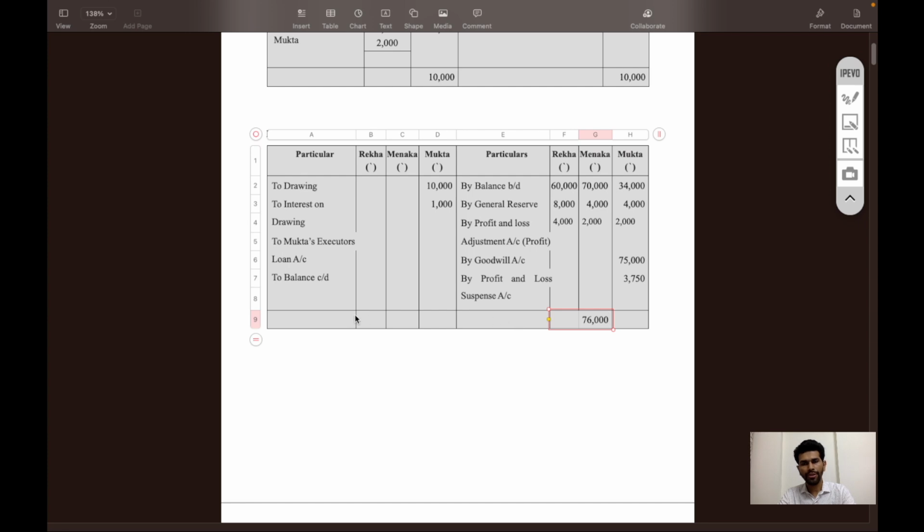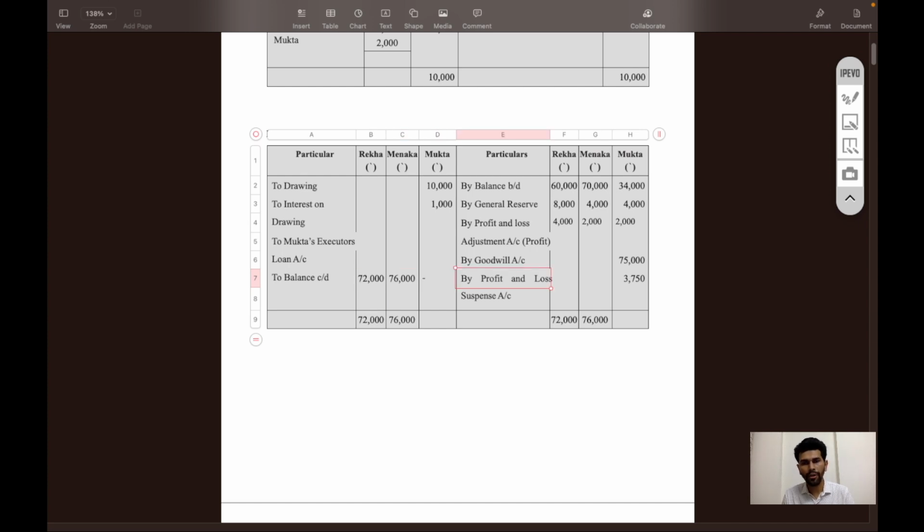Both the amount will be shifted to debit side, 72,000 rupees and 76,000 rupees. Balancing figure will be by balance carried down. It is the closing balance because continuing partners will continue business in future after death of Mukta. So balancing figure will be 72,000 rupees for Rekha and 76,000 rupees for Menka.